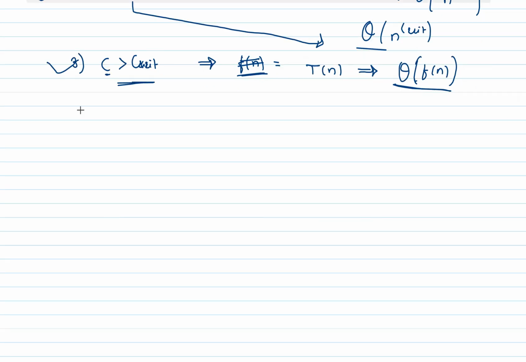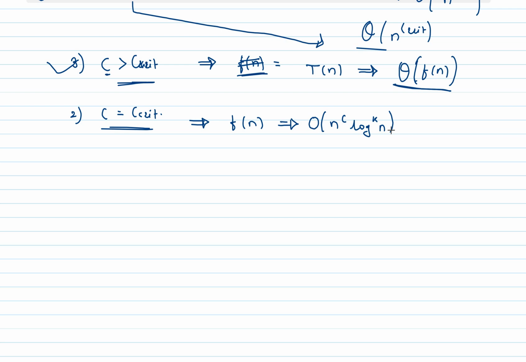So these are the two cases, and case number 2, as we discussed, will obviously be c equal to c critical. But under this c equal to c critical, we have one crux. Whatever f of n is there, instead of representing its complexity as big O of n to the power c, we have to write it like this: big O of n to the power c into log n, and log n's power should be k.